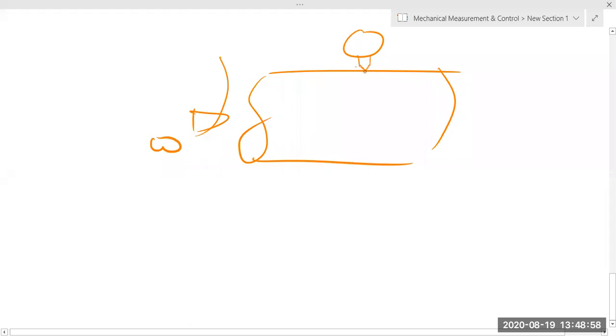I put the probe in contact with the shaft. You can see it in the front view. At the moment I put the tachometer in contact with this shaft, the stopwatch should get activated automatically. If I try to do it manually, there will be some error induced.